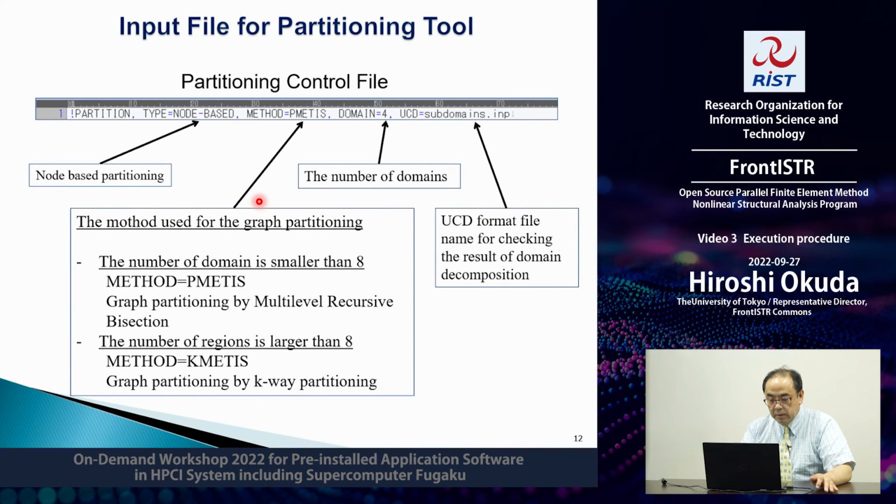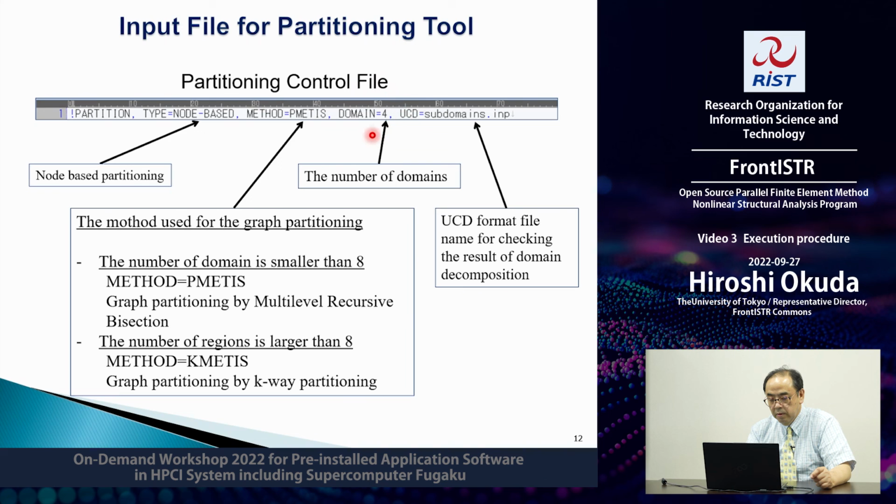And this is the partitioning control file. When you are going to subdivide the finite element mesh into subdomains, you need to run the partitioner, and the partitioning control file is required when you run that utility. It's a quite small input file.